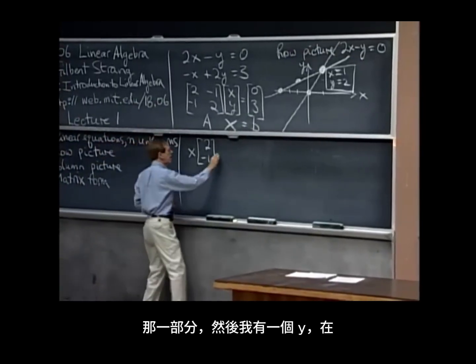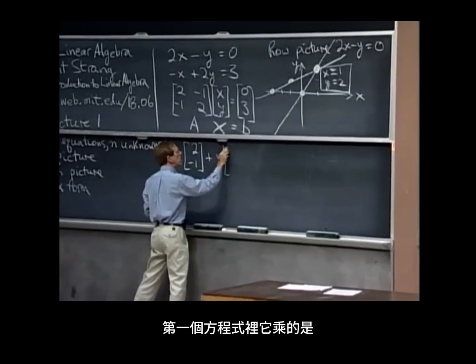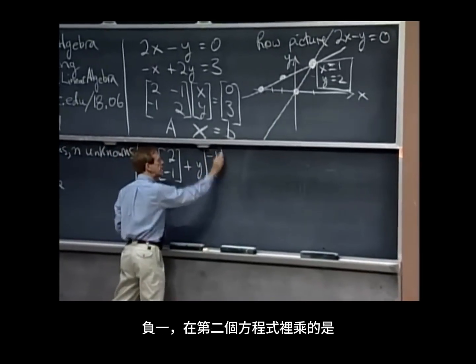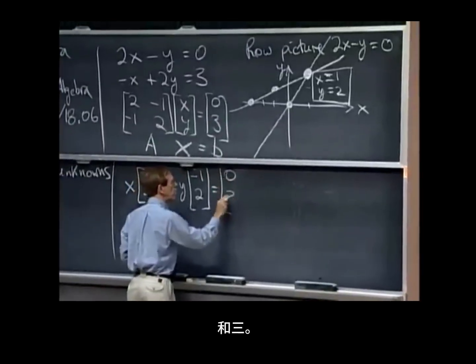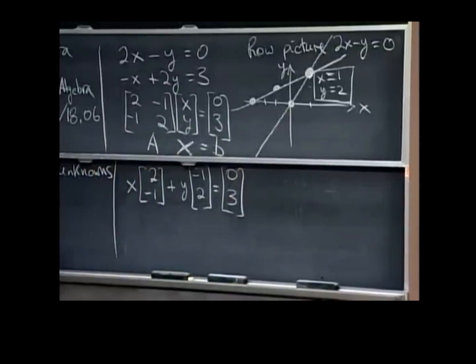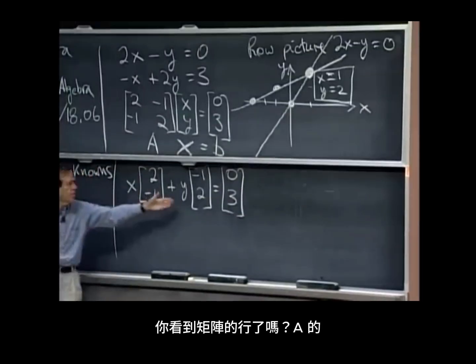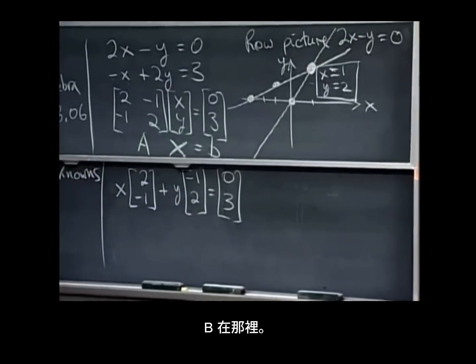That part, and then I have a y, and in the first equation it's multiplying a minus 1, and in the second equation a 2. And on the right-hand side, 0 and 3. You see the columns of the matrix? The columns of A are here, and the right-hand side B is there.